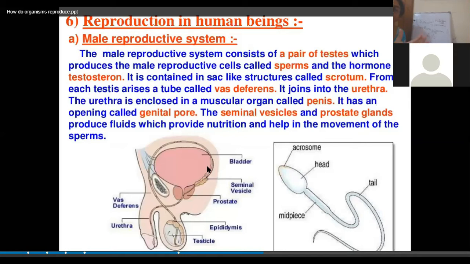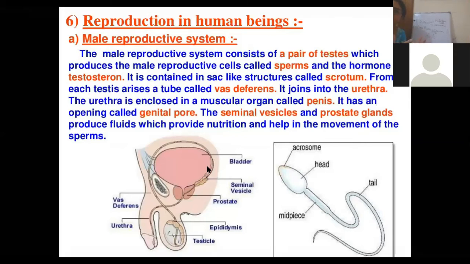Because it's a cell, it requires nutrients. The nutrients are provided by the secretion from the glands like the prostate gland, seminal vesicle gland, and Cowper's gland, right? First is to provide nutrients to the sperm.